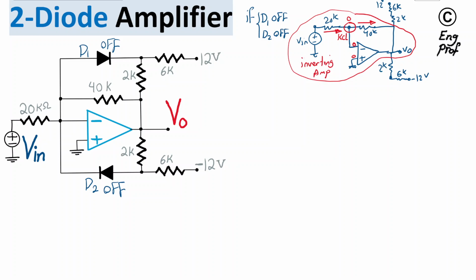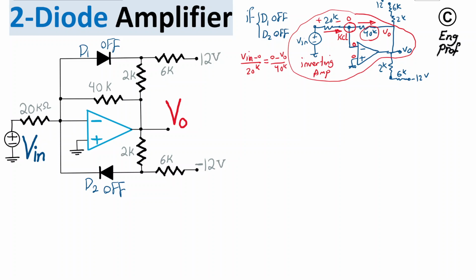So having 0, we get Vin minus 0 divided by 20K. That is, this current should be equal to 0 minus Vout across this 40K. So 0 minus Vout divided by 40K.